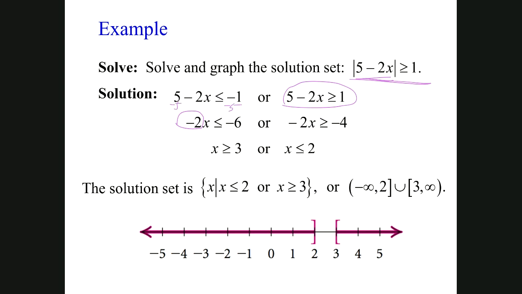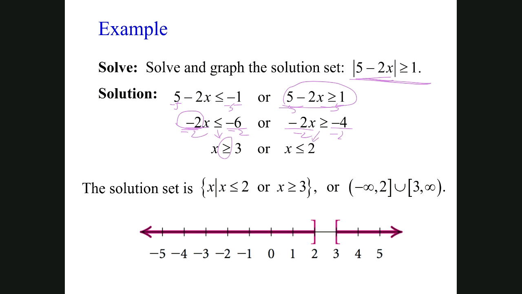But when you divide by a negative number, what happens? You have to switch the inequality direction. So I will have x greater than or equal to -6 divided by -2, you get a +3, but you have to switch. Same thing in here, -5 on both sides, so you get -4, but you have to divide by -2. When you divide by a negative number, switch the direction.